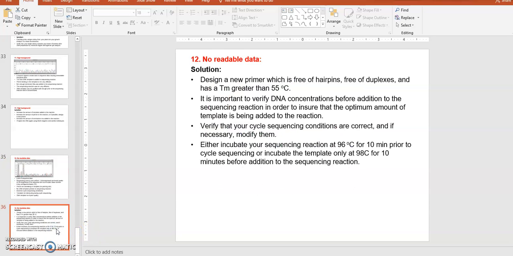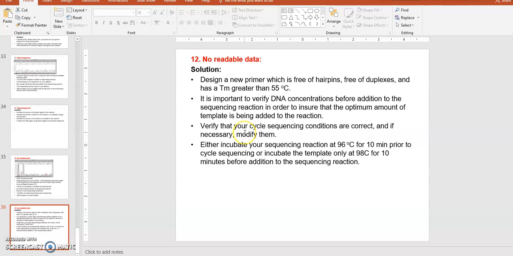Then what's the suggestion for that? Design a new primer so it can bind better. If possible, verify the DNA concentration before addition to the sequencing reaction, to make sure that you have enough of it. You can do UV 260 and 280 readings to quantify it. Use the correct amount, of course.